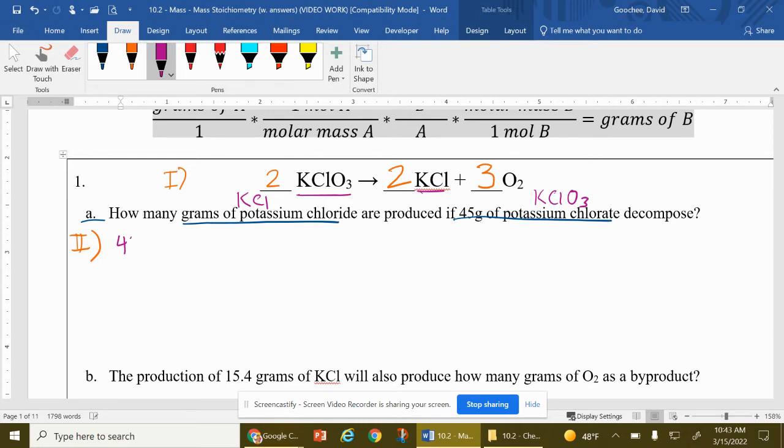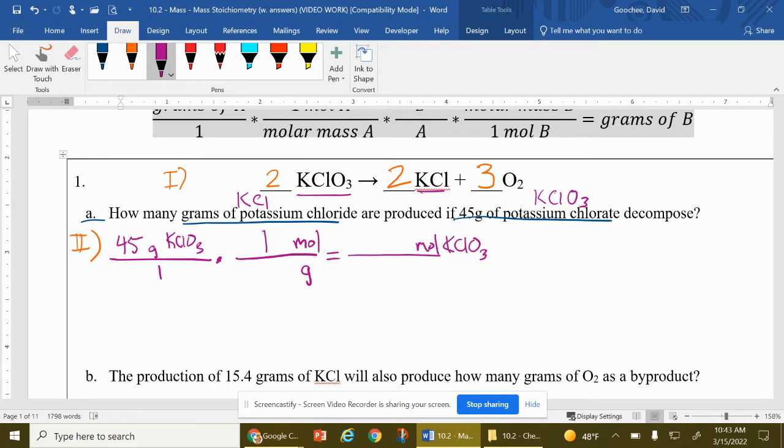So we've got 45 grams of KClO3, and we need to convert that into moles of KClO3. Okay, so we're converting from grams into moles. We want to get out of grams, so grams goes on the bottom, and moles goes on top.